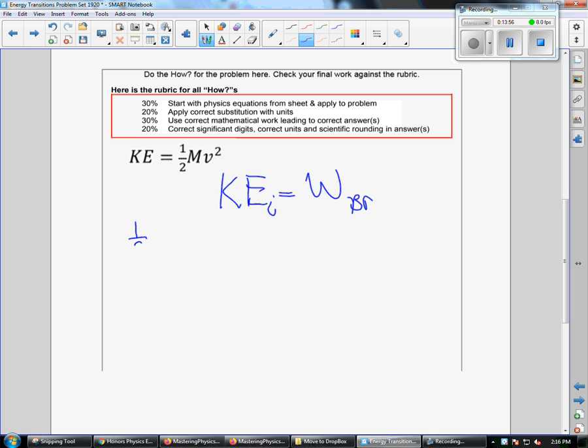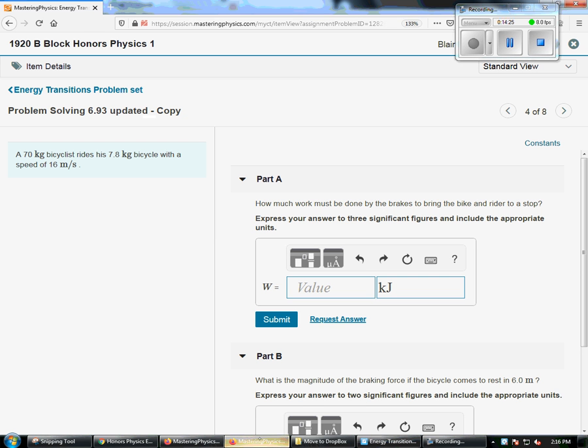So I'm putting in 1/2 times the mass of the biker, the bike and the rider, and then their speed squared equals the work done by the brakes. And now I substitute in, what do we got, 70 and 7.8?